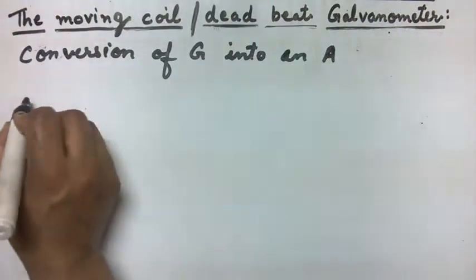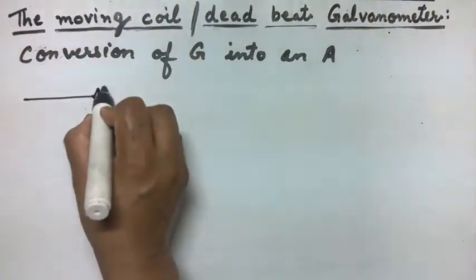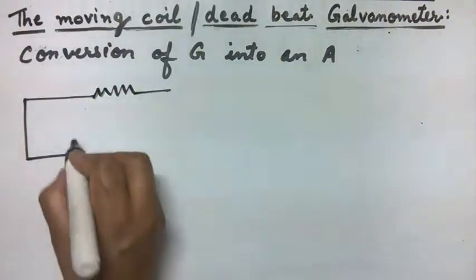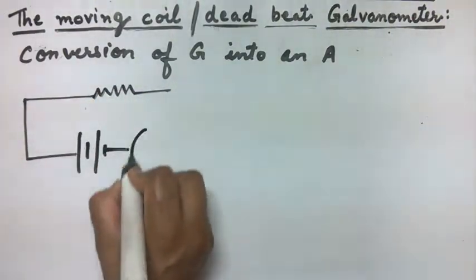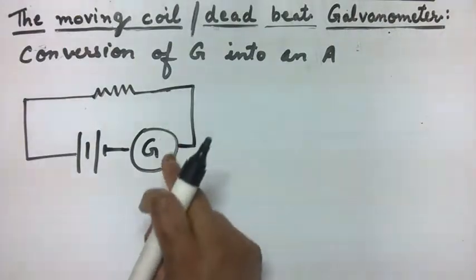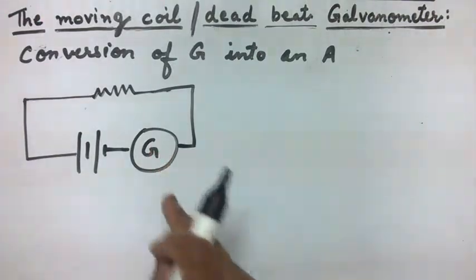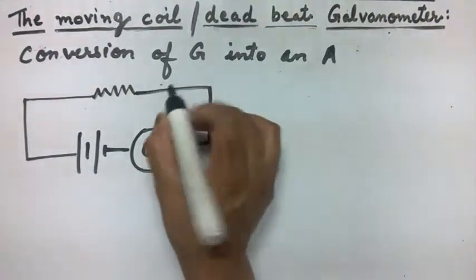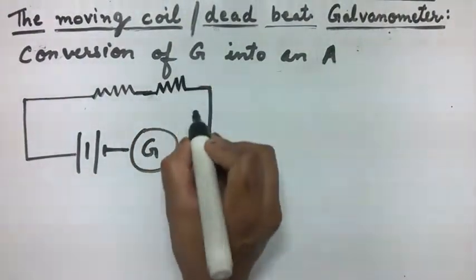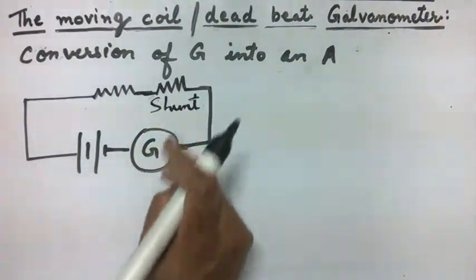So if we connect a galvanometer in series to measure current directly, suppose we want to measure the current passing through this load, and this is a battery, and we have connected the galvanometer in series in this circuit, then as it has high resistance, it will not measure the accurate or actual current. Thus, to convert it into an ammeter, we connect one small resistance known as a shunt in parallel with the galvanometer to decrease its equivalent resistance.